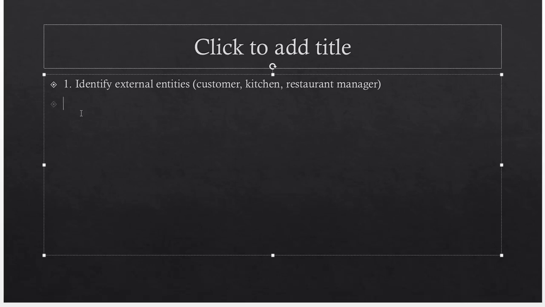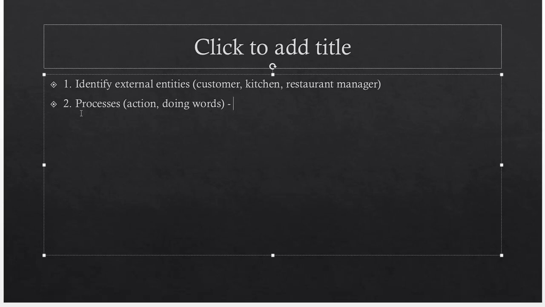Then the second thing that you are supposed to identify are your processes. Your processes are basically the actions or the doing words that are being said in the story.